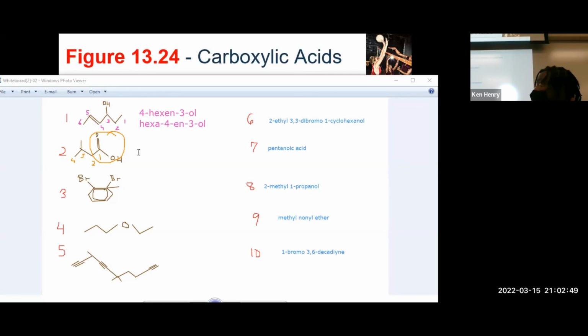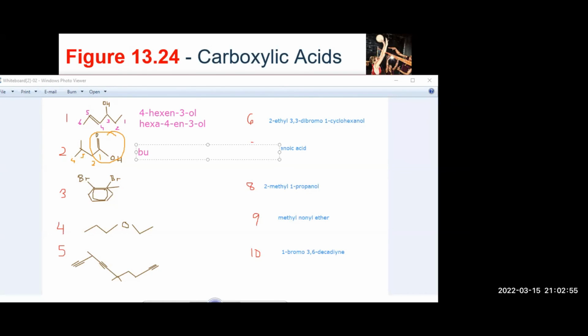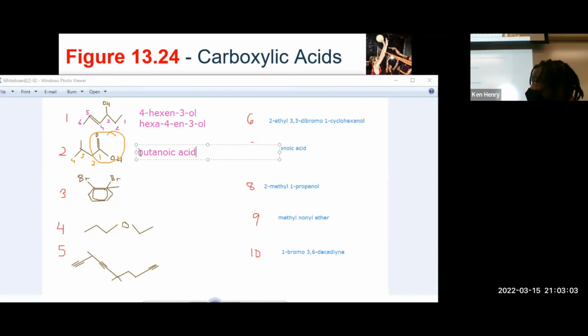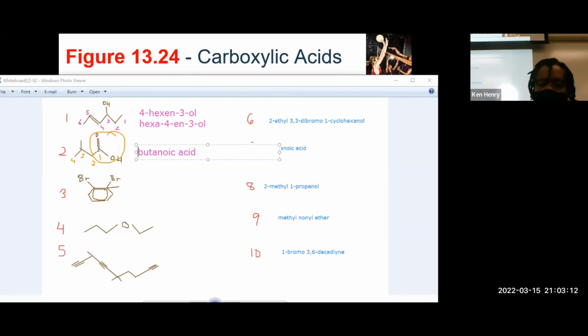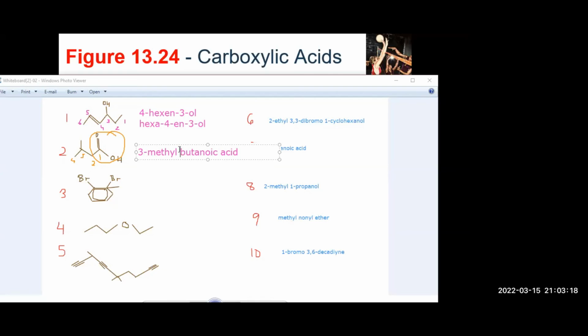So a 4-carbon chain: butanoic acid. Is there anything else, a branch? There's a methyl, at position 3. So 3-methylbutanoic acid.